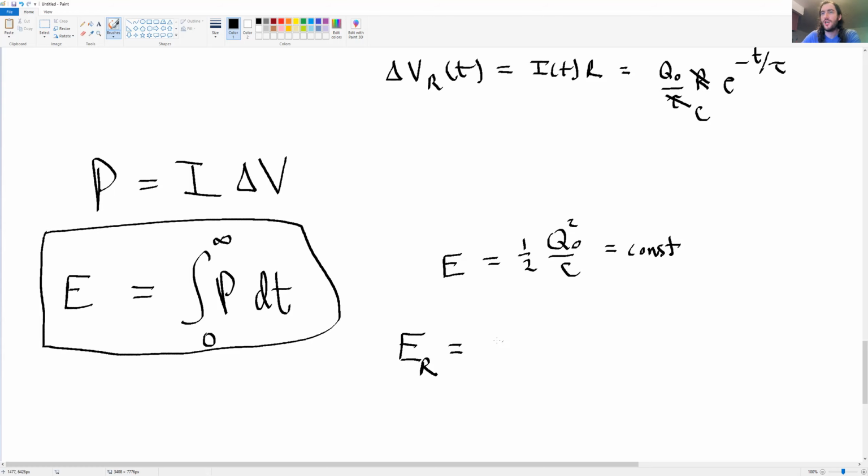We know this. Check that the energy dissipated by the resistor, if I integrate from 0 to infinity of I of t delta V of t dt, check that I actually get that value there. Does this actually give me that constant? It should, right? Energy should be conserved.